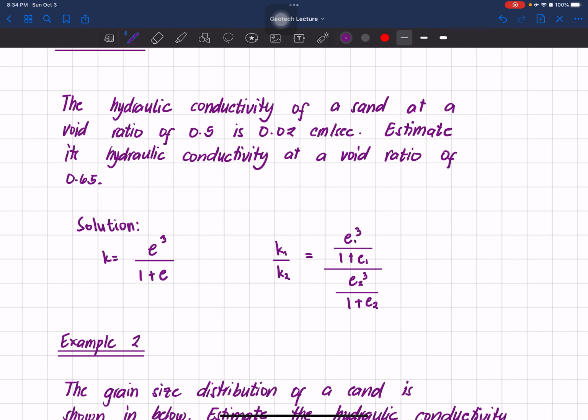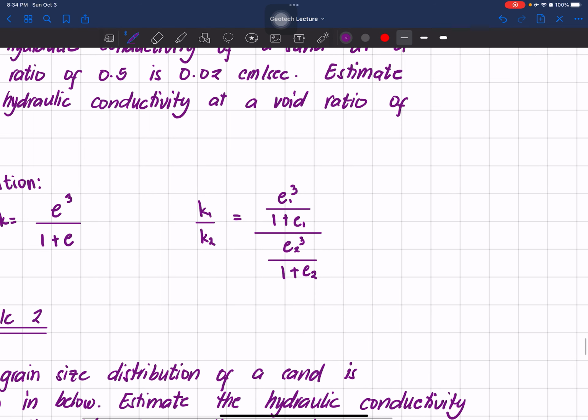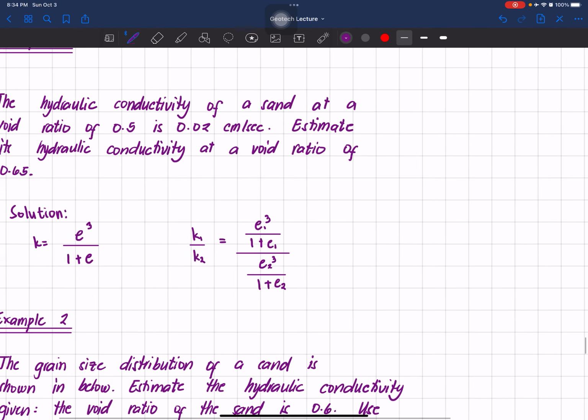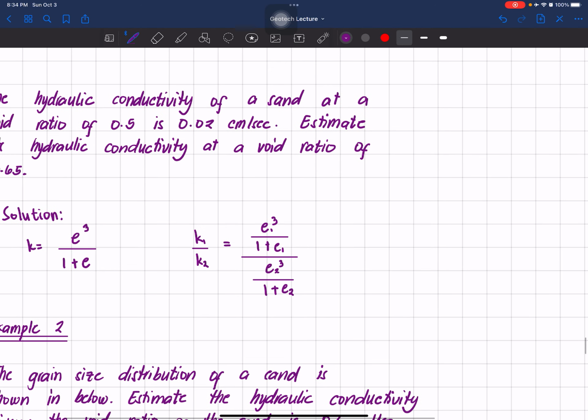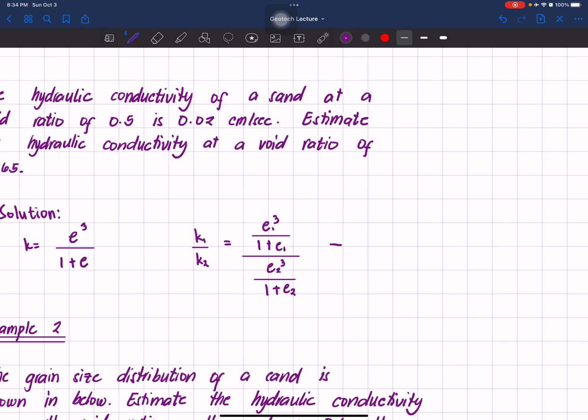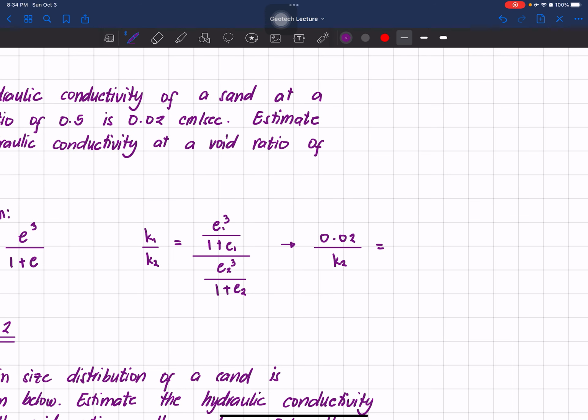The ratio of the two should be the same. Since we are given K1 at first, which is 0.02, we can say 0.02 over K2 is now equal to, our e1 at 0.02 is 0.5, so 0.5 cubed all over 1.5, all over, our e2 is 0.65, 0.65 cubed all over 1.65.